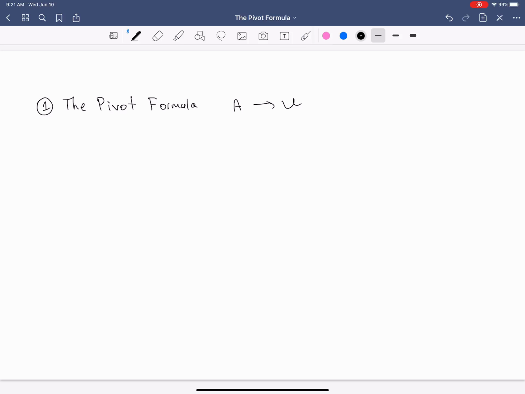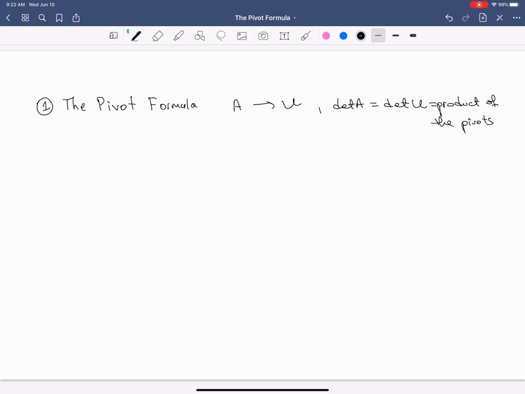So there may be a need for row exchanges in A, but if there are no row exchanges of A, what we have is that the determinant of A is equal to the determinant of U, and the determinant of U is just the product of the pivots.